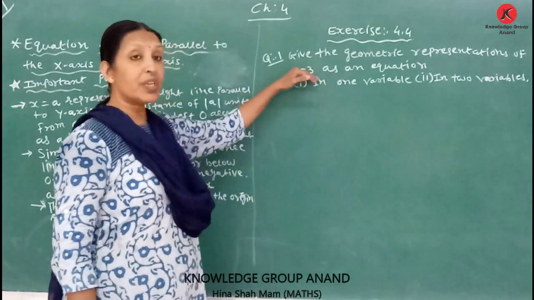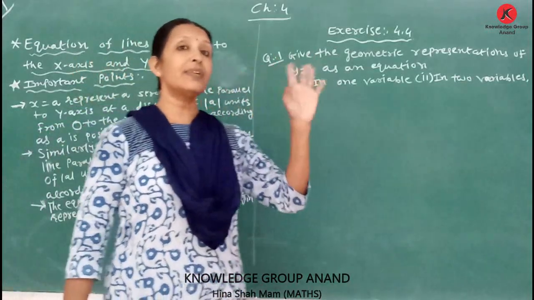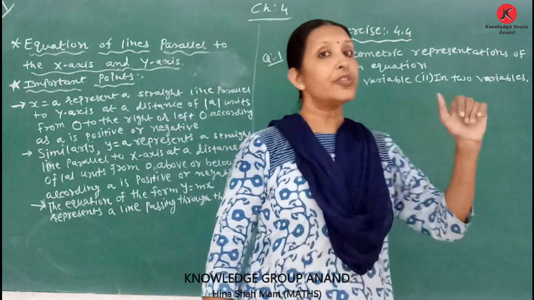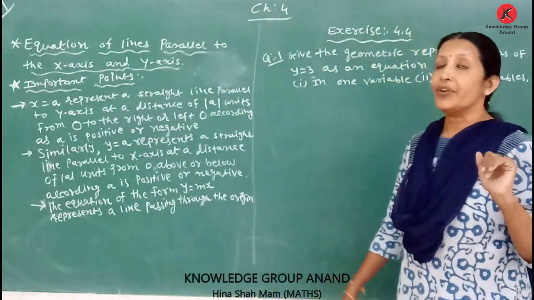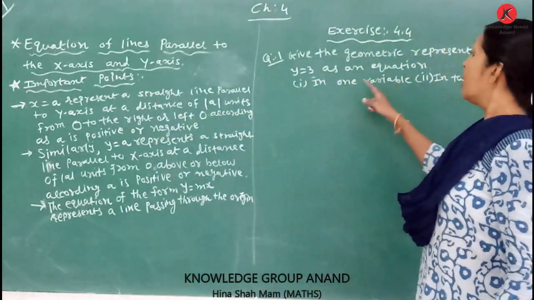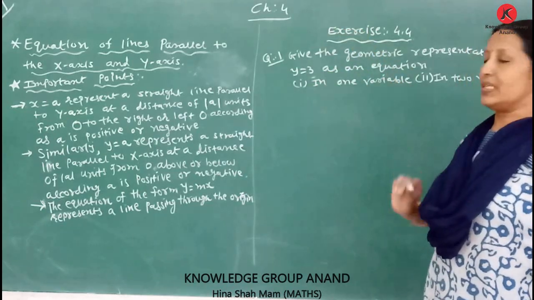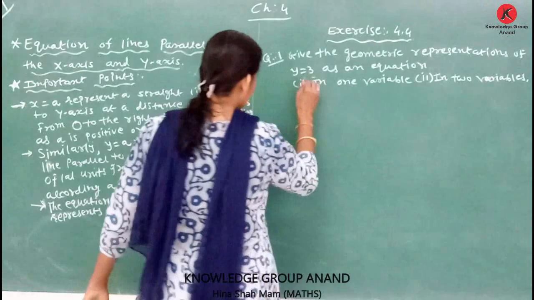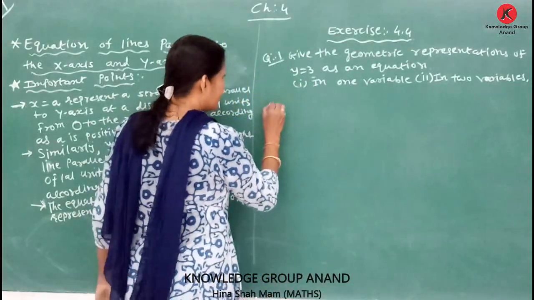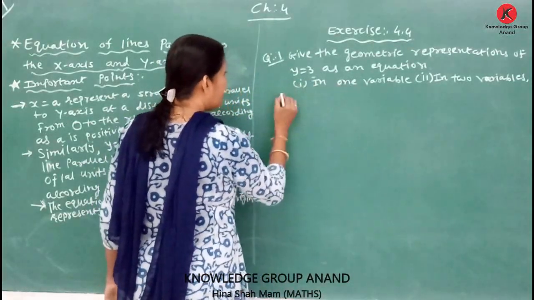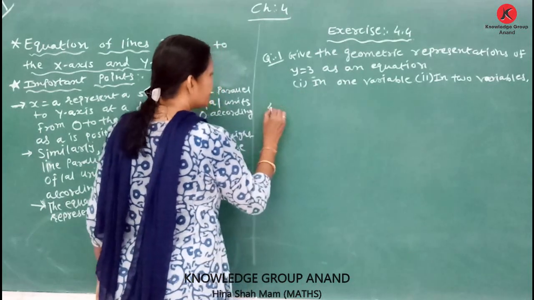Here y is equal to 3. Then which topic? y is equal to a. It is parallel to the x-axis. It is positive, then above the x-axis. Now y is equal to 3. You draw like this. In one variable, y is equal to 3.